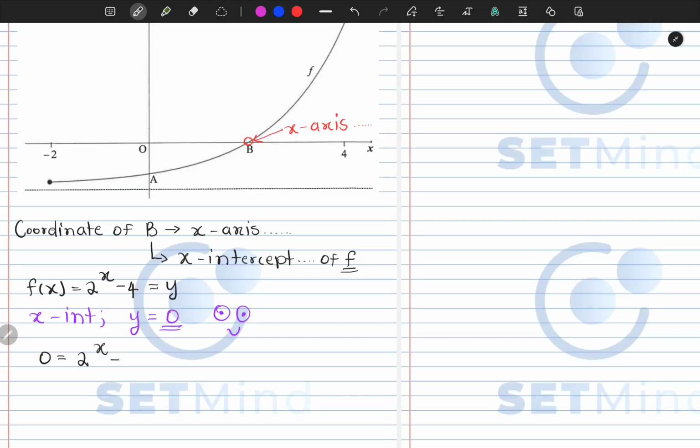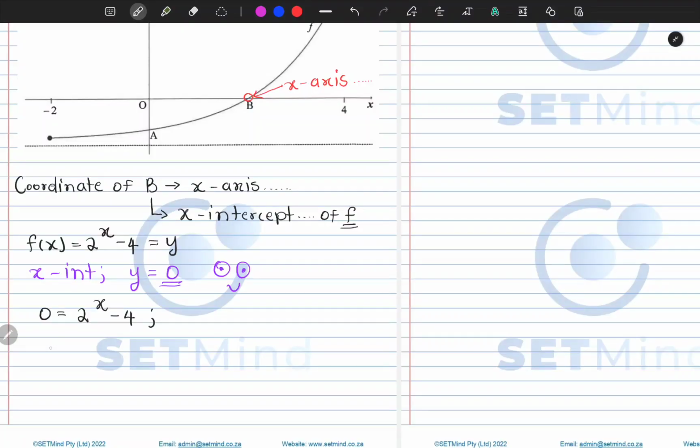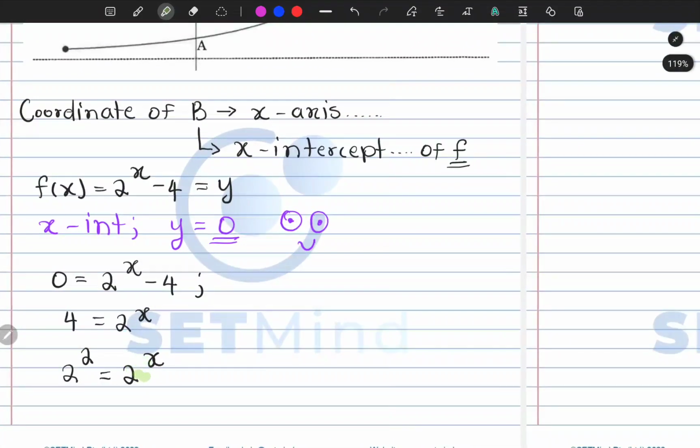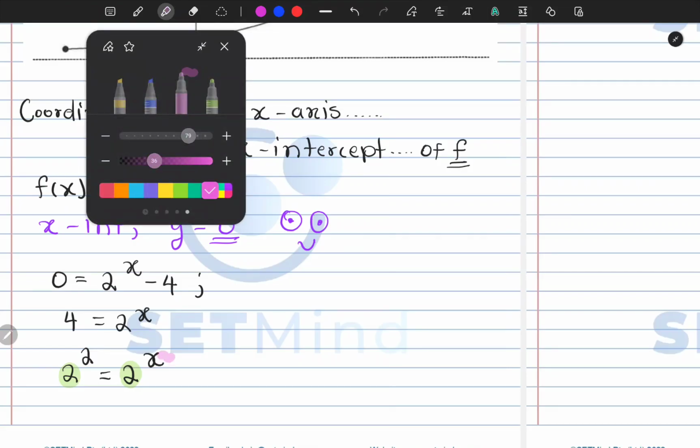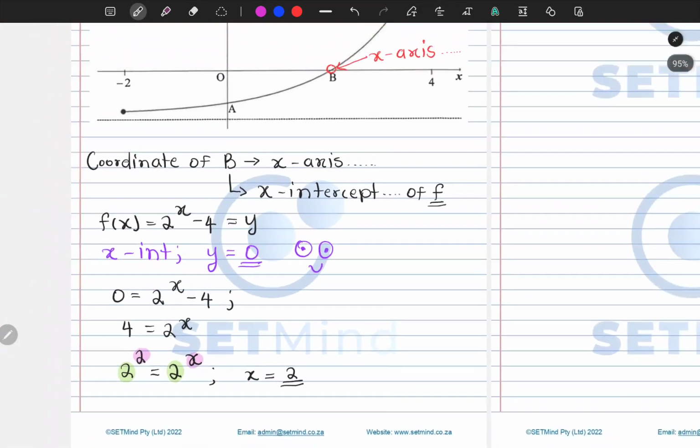Then have 0 equals 2 to the x minus 4. I can transpose and have 4 is equal to 2 to the x. And 4, I know I can write using base 2. 4 is the same as 2 to the 2, and this is 2 to the x. By now, you should remember that when we have the same base, we just equate the exponents. So the x value will be 2.